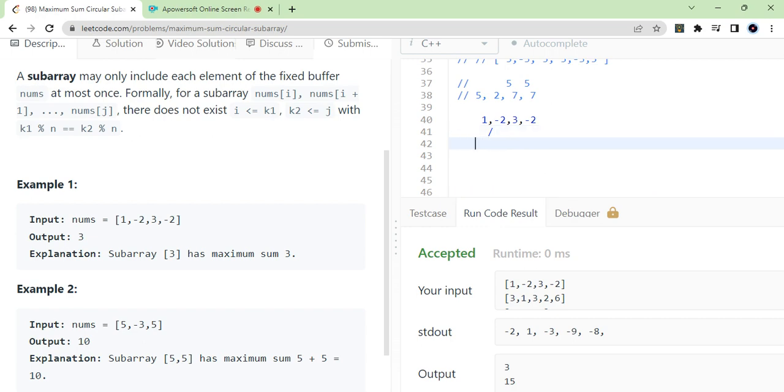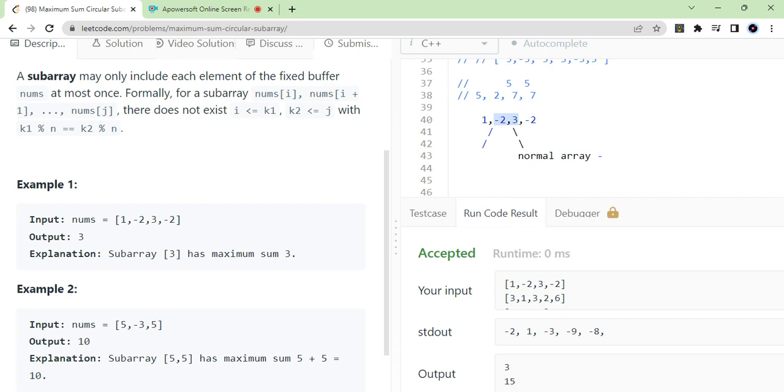One way is the normal Kadane algorithm. Basically you are treating it as not circular, just a normal subarray, because the maximum length you can take is only 4, right? So keep this as a normal array. In the normal array, what is your subarray?